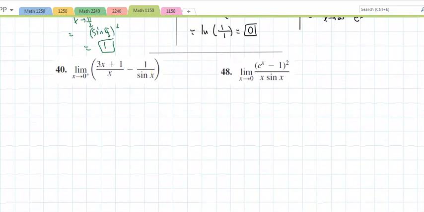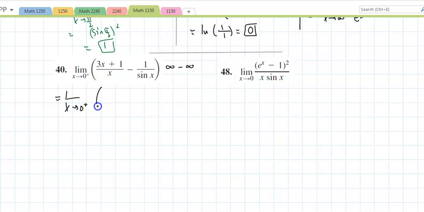I'm looking at this and I notice as x approaches 0, that's 1 over 0, which is infinity, minus 1 over 0, which is infinity. Here, there are no logs, but it's as simple as me manipulating. If you see a fraction, get a common denominator, and most likely that does the trick. And that would be 3x plus 1 times sine of x minus x.